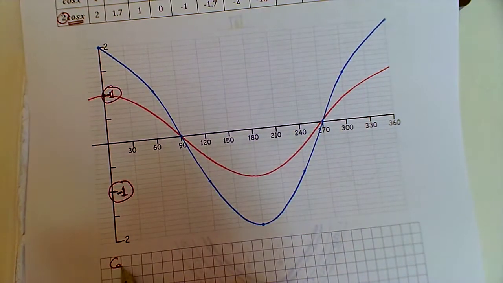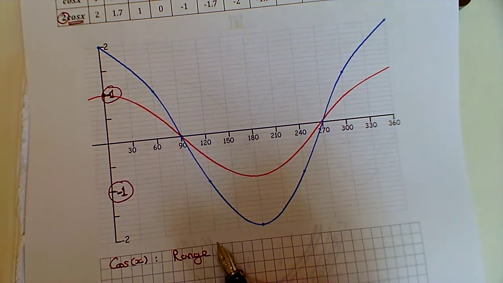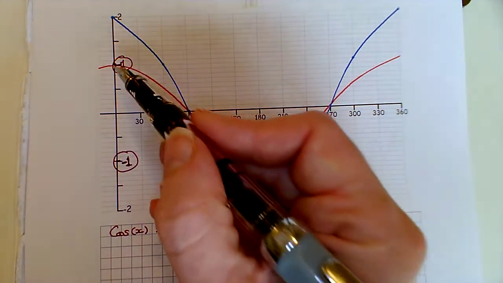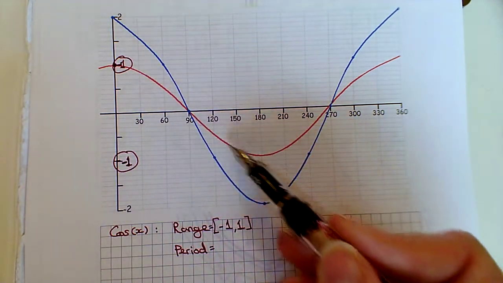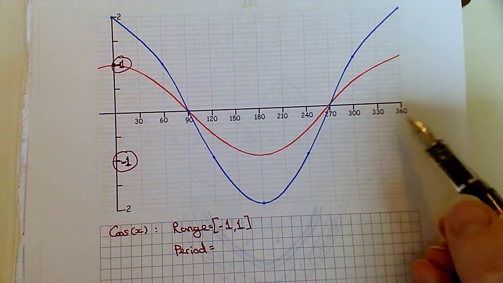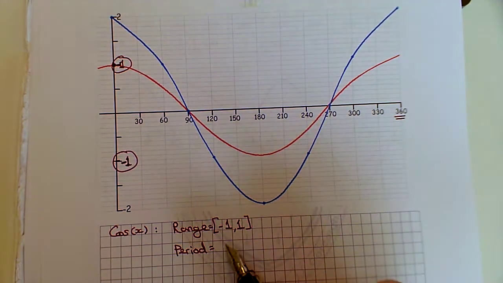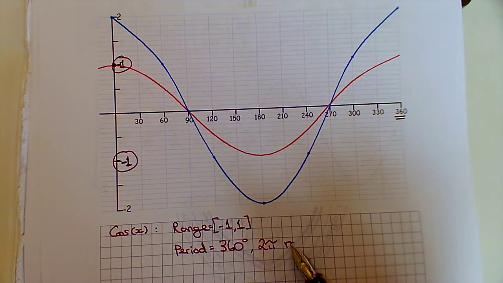So when I talk about the basic cosine of x, its range is -1 to 1. And its period, how long does it take it to repeat? Starts at 0 degrees, comes down, back up at 1 when I get to 360 degrees. 360 degrees, or 2 pi radians.